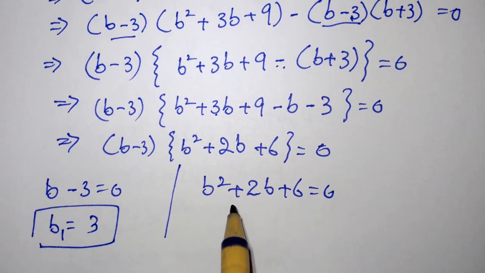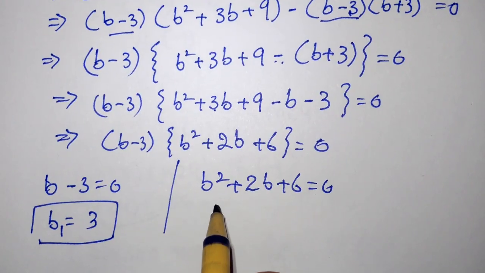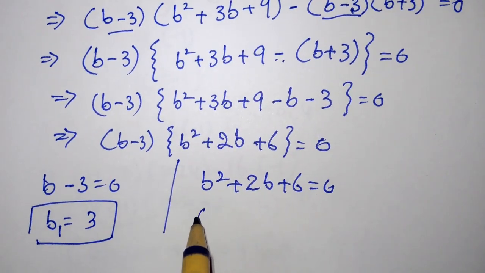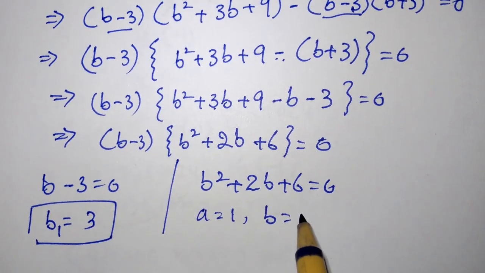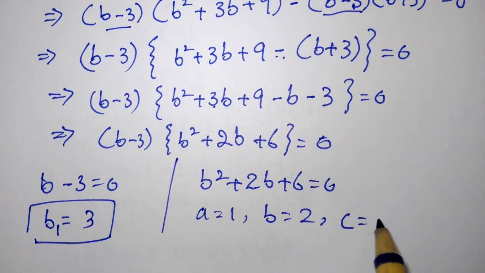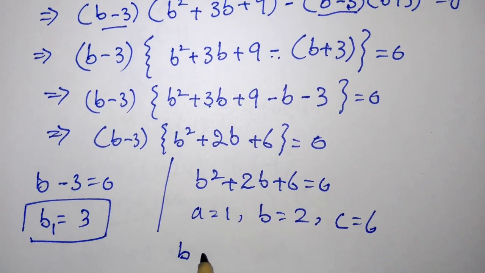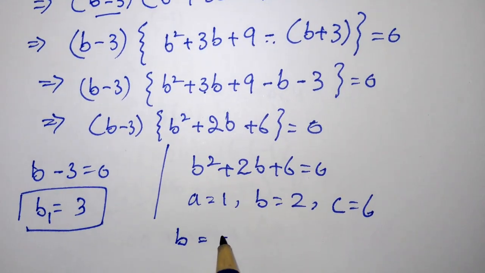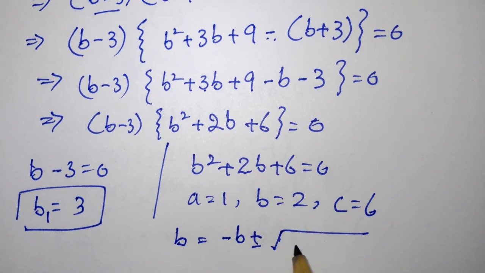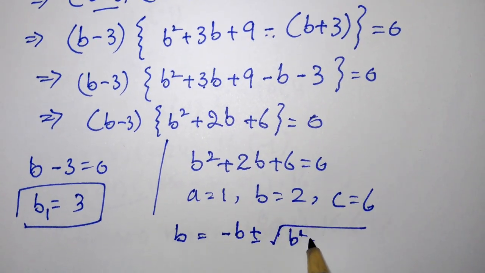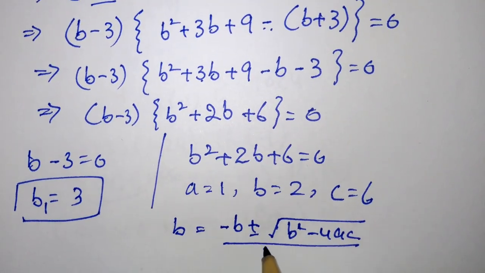In the case 2, to solve this we use the quadratic equation. So we know that here a is equal to 1, b is equal to 2, and c is equal to 6. The quadratic equation is b is equal to minus b plus or minus square root of b square minus 4ac over 2a.